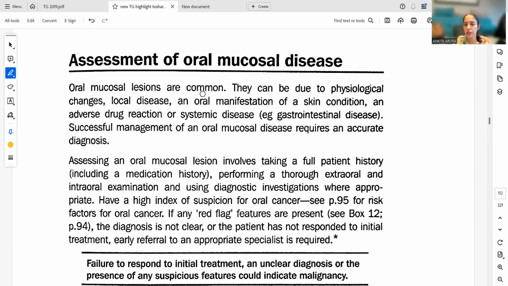Oral mucosal lesions are common. They can be due to physiological changes, local disease, or oral manifestation of a skin condition, an adverse drug reaction, or a systemic disease.